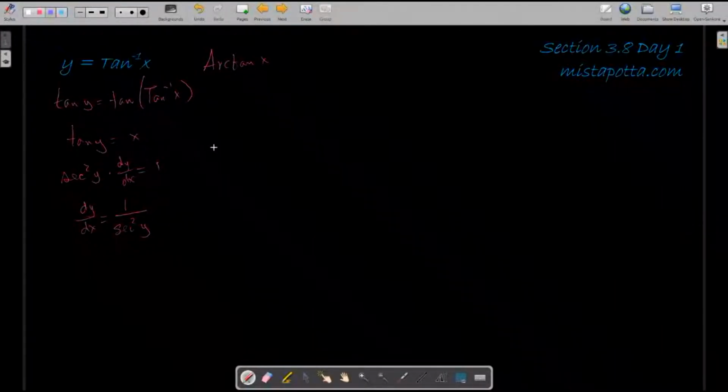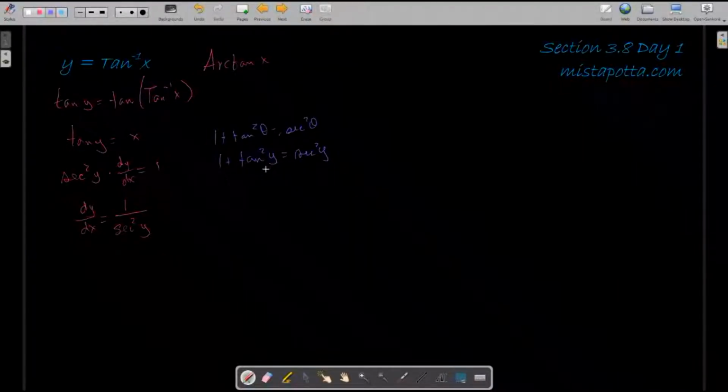Just as before, I want to think of how tangent and secant are related using trigonometric identities. And I know that 1 plus the tangent squared of theta equals the secant squared of theta. And so for our purposes, 1 plus the tangent squared of y equals the secant squared of y.